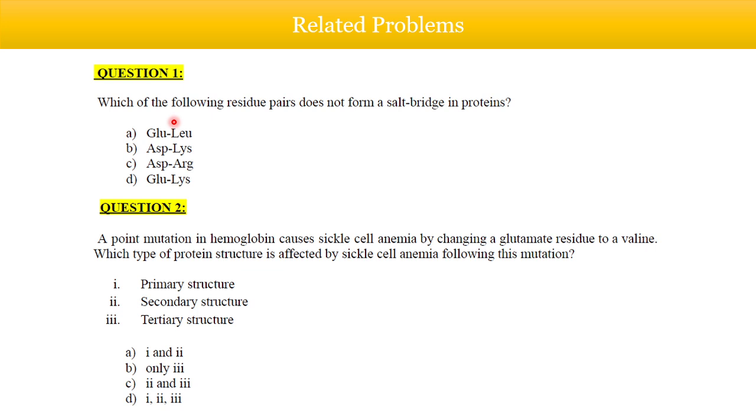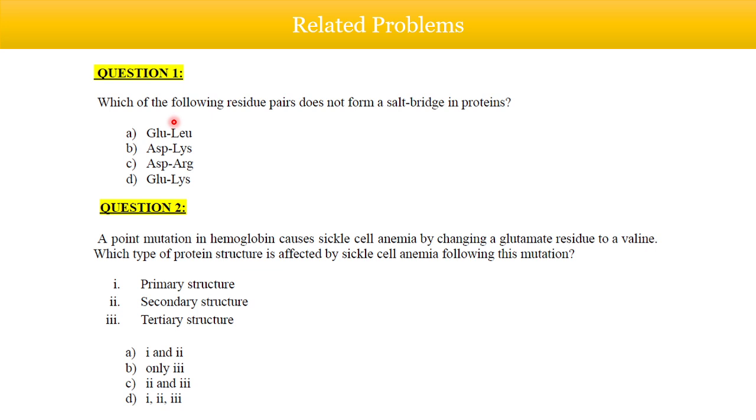Now, if this glutamic residue is involved in an alpha helix or a beta strand, then the secondary structure also gets affected, which is indeed the case for hemoglobin. This glutamic residue also gets involved in the secondary structure. That is why introducing a mutation in that position affects the secondary structure.